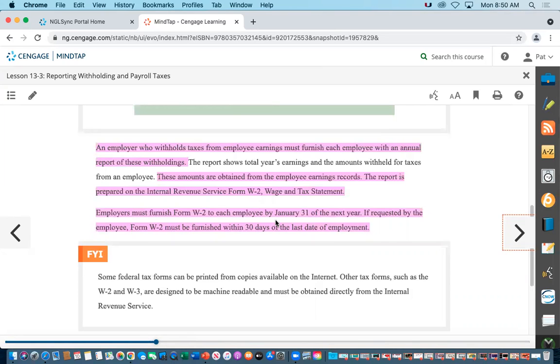A lot of times it's done before then, but it has to be done. It has to be furnished within 30 days of last employment, and given to them by January 31st for all of last year. So for 2020, when I worked and had taxes withheld, I need to have that in my possession by January 31st. You almost always have it well before, but they have to give it to you by then.